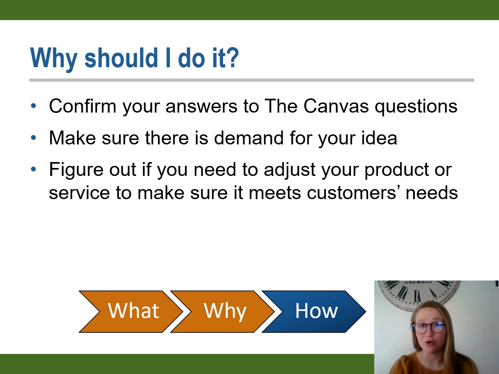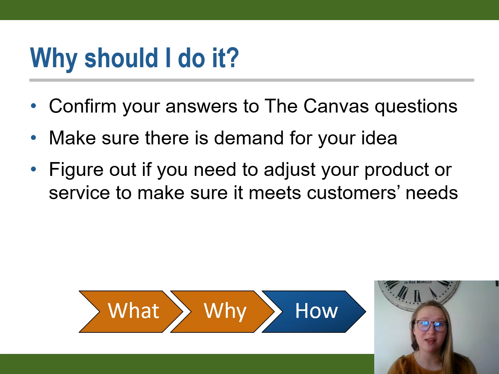You should get to know your potential customers so you can confirm your answers to the Canvas questions and make sure there's demand for your idea. Think back to our coffee shop example. You can always guess which feature is most important, but what if you're wrong?